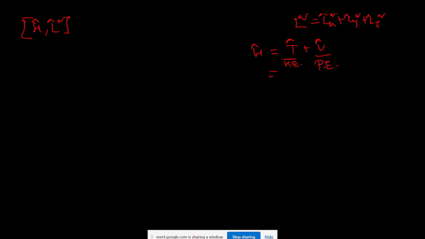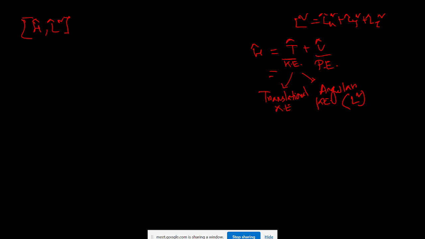The kinetic energy part is also incorporated by translation kinetic energy and angular part.